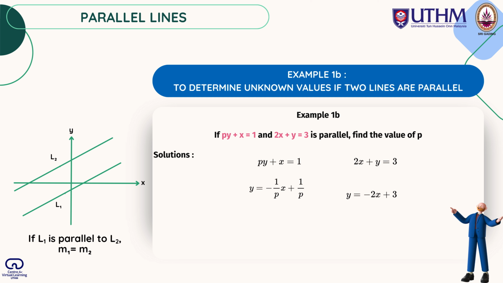So, M1 is negative 1 over p and M2 is negative 2. By using the properties of parallel lines, M1 equals M2. This gives negative 1 over p equals negative 2, and we solve the value of p equals 1 over 2.